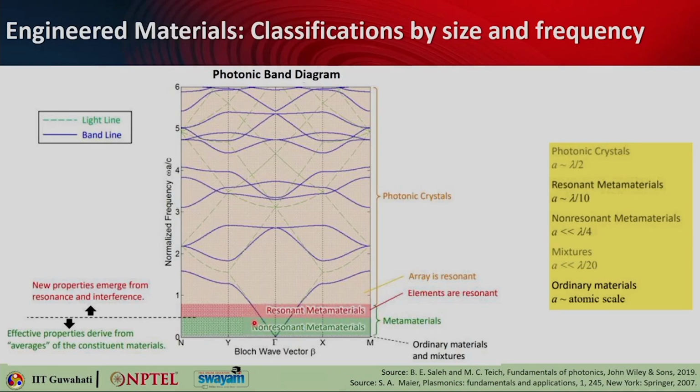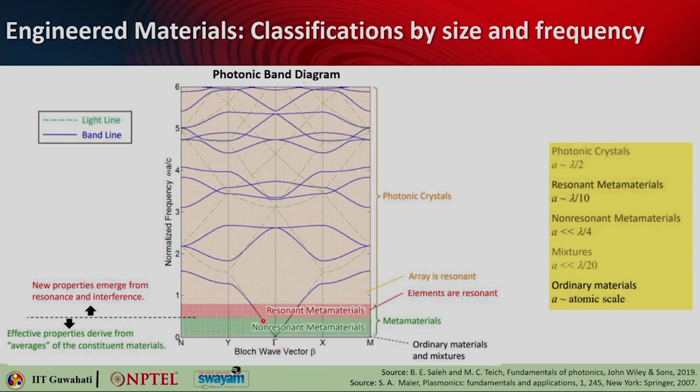So this is the regime of photonic crystal. This is the regime where the light line and the band line are overlapping each other. If you remember from the photonic band diagram that we have discussed before, these are the regions where the light line and the band line are matching. So what is basically the light line? Light line is basically when you take a crystal and approximate its properties based on some average value.